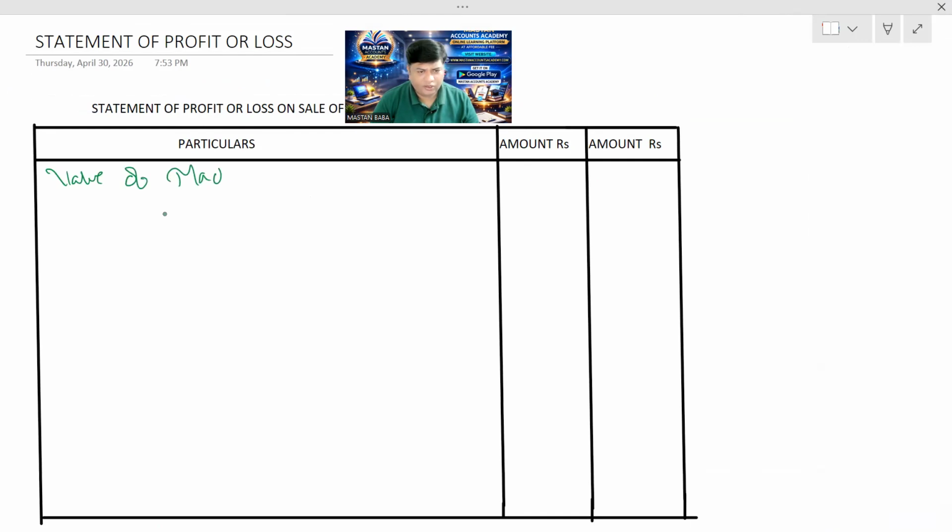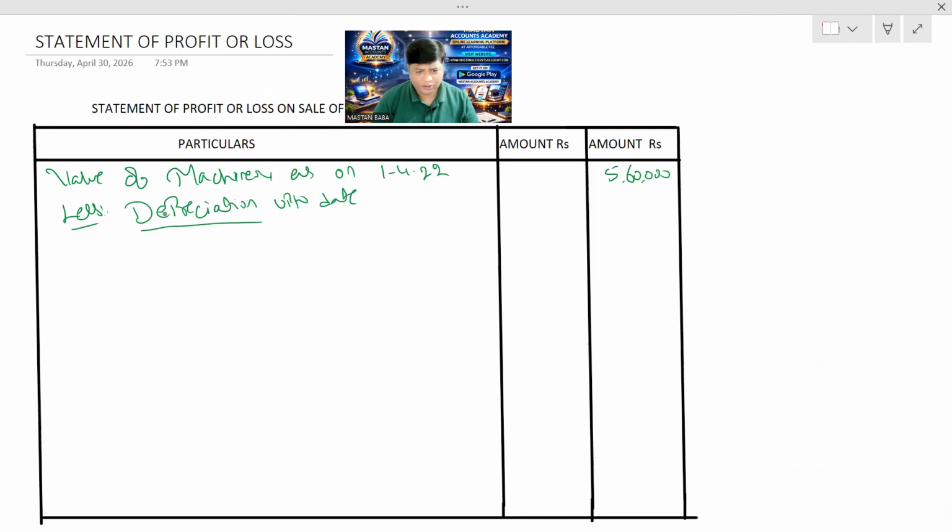Value of machinery as on 1st April 2022, it is 5,60,000, dear student, less depreciation up to date.